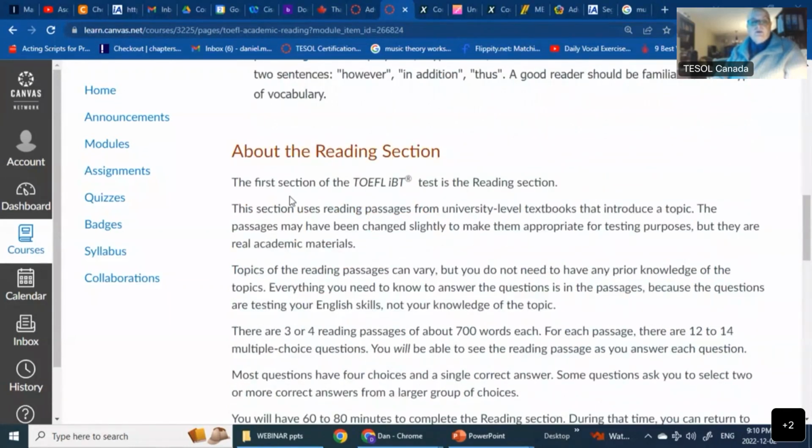And then this is going on to describe more about the reading section of the TESOL test, the TESOL exam. The section uses reading passages from university-level textbooks that introduce a topic. The passage may have been changed slightly to make them appropriate for testing purposes, but they are real academic materials.